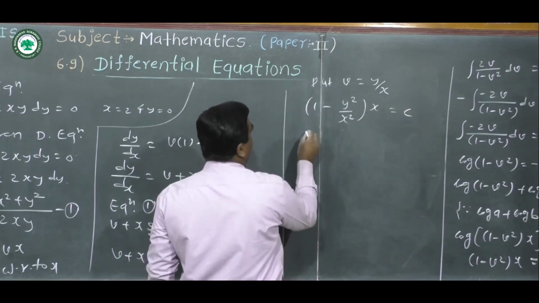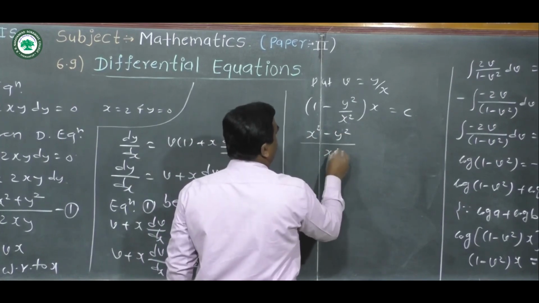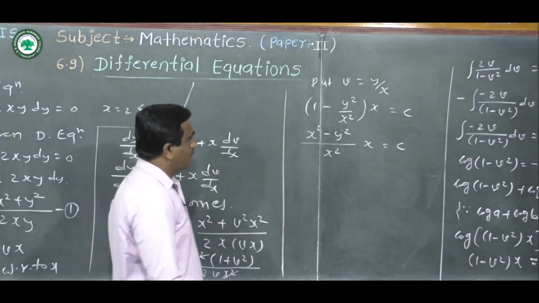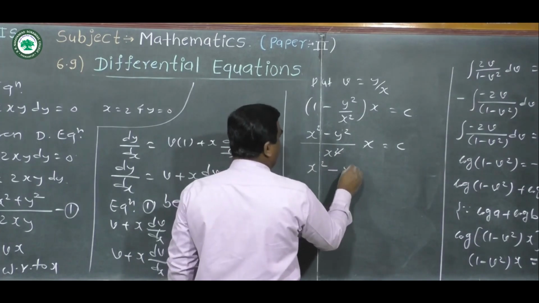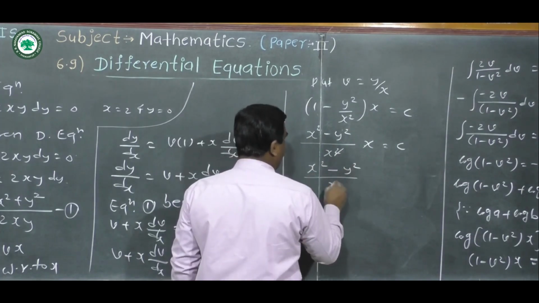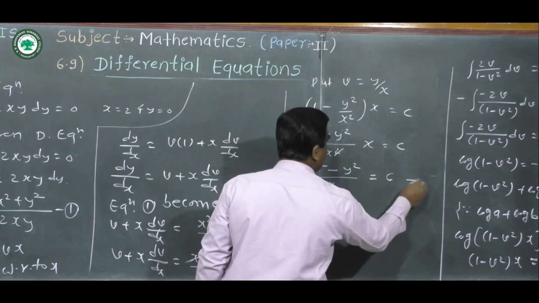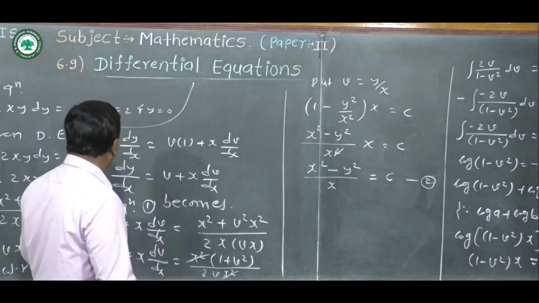Okay, simplifying this, x square minus y square upon x square into x equal to c. Okay, that is, this x cancels out, remains only x square minus y square upon x equal to c. This is the general solution for the given differential equation.